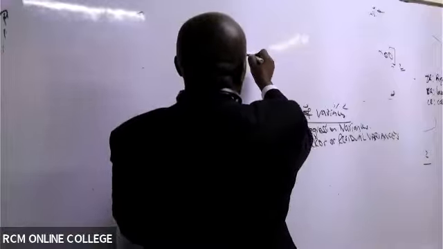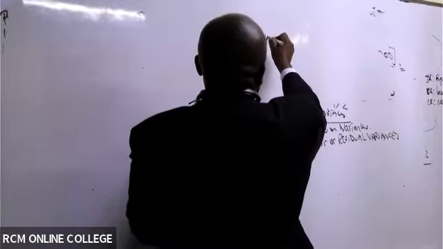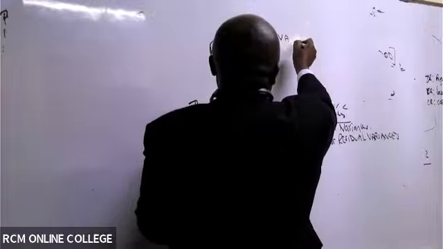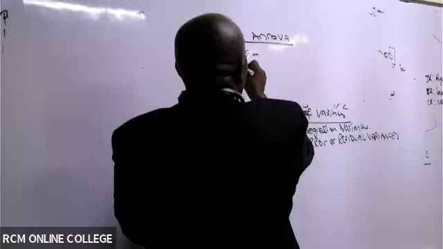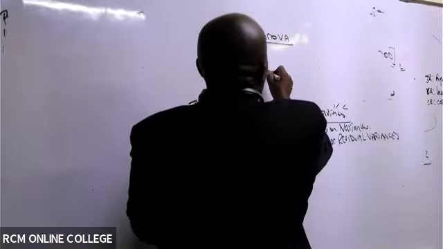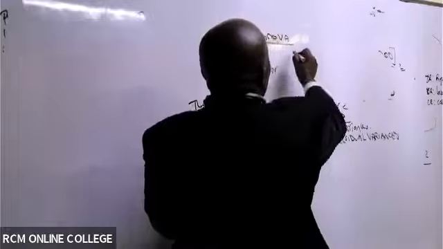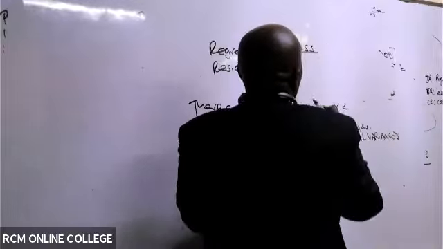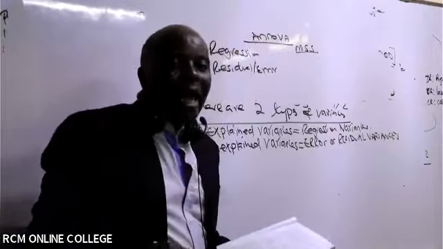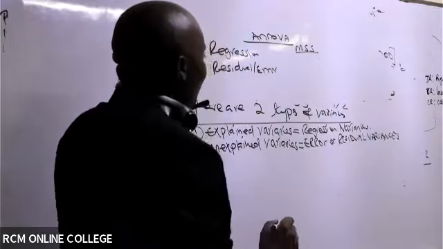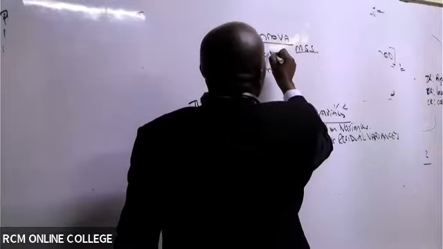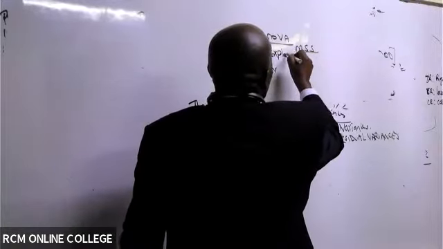Under the ANOVA table, we have regression, and then you are able to see the error or the residual or error. So then I want you to give me the mean sum of squares. Regression, remember, this is what we call explained.